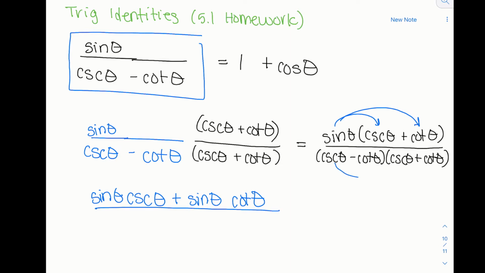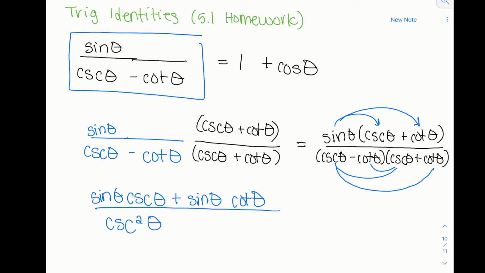And the reason why we multiply by the conjugate, why that's a technique, is the first ones, if I multiply that, that'll just be cosecant squared of theta because we have two of them. But if you look at the outside, that would be cosecant times cotangent. The inside is cosecant times cotangent, but negative. So those, when you add them together, cancel out. And so there is no middle term.